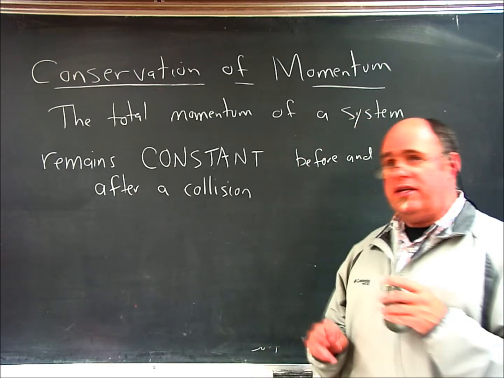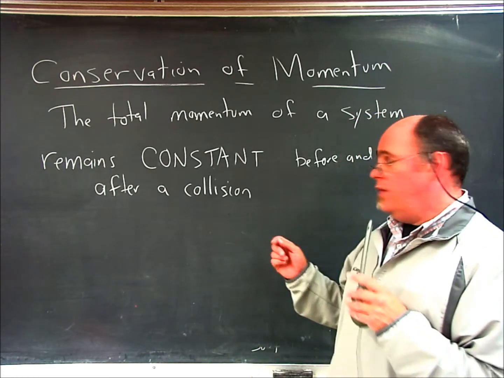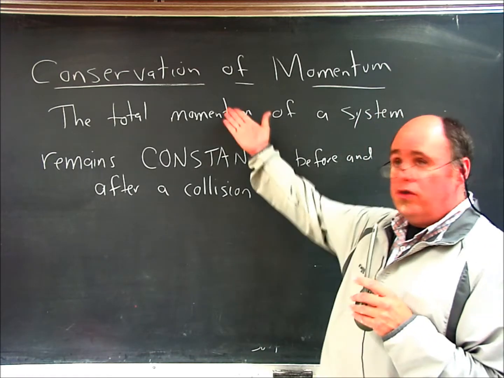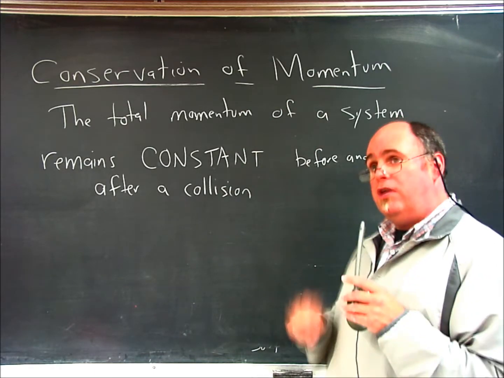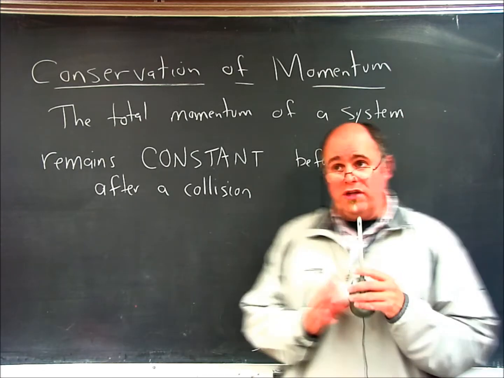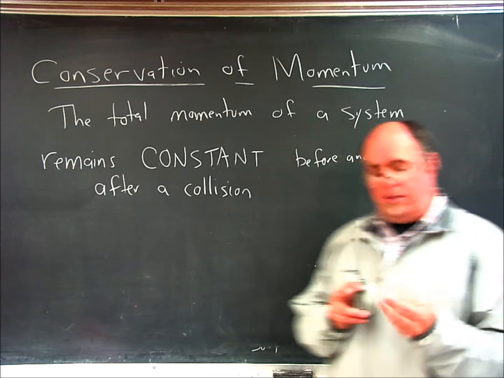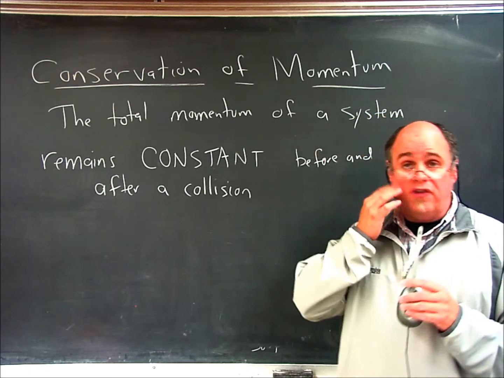Those are things that are stuck together and then separate. When that happens, we also have conservation of momentum. The total momentum before the system will be equal to the total momentum after the system. So it doesn't matter what type of occurrence happens, a collision or a separation. We'll always have conservation of momentum.